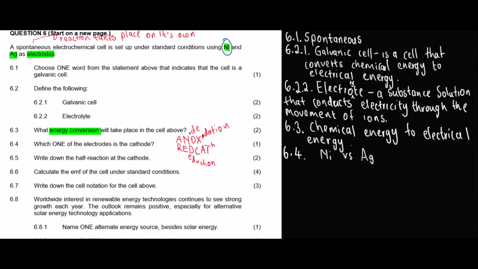The red there is reduction, and cat is for the cathode.